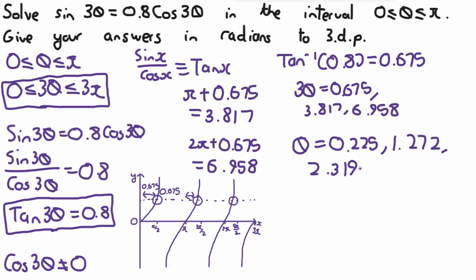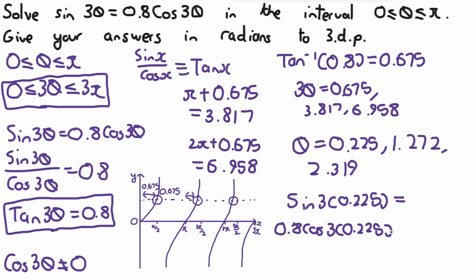Now again, as I said before, a really good powerful way to check your answers is by subbing the theta values back into this equation. This one's a bit more tricky because theta is on both of the sides. The way that I would do it is, for example, the theta value of 0.225, I'd first of all do it for this side, so it'd be sin of 3 theta, which is 0.225 like this, and then put this into the calculator, and then 0.8 cos of 3 and then the theta value, which is 0.225 like this.